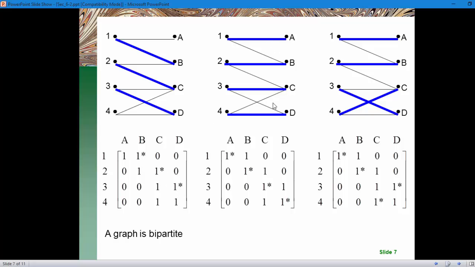Look at this matching with four edges. This is the matrix representation of that matching. So the matrix itself represents the entire graph, and the stars, the asterisks, represent the matching. Here's another matching, and here's the matrix representation of that matching. The matching is represented by these stars.